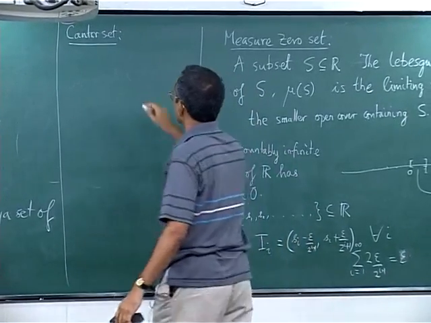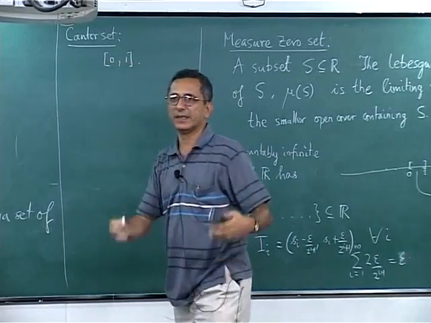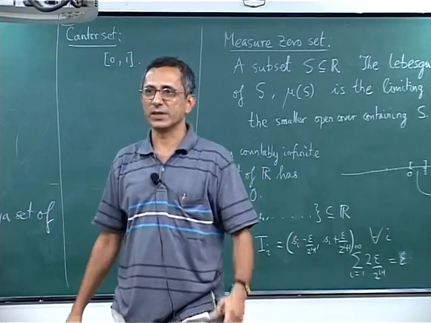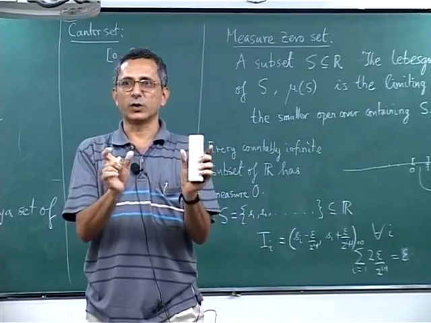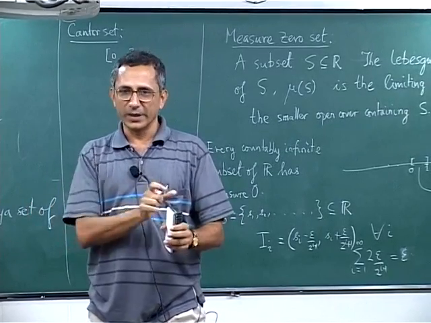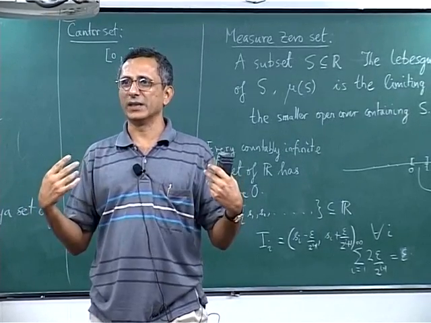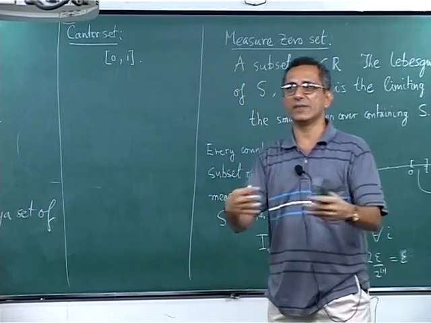What you do is you start with the interval, and it is defined by a kind of iterative process. You remove the middle 1/3 of this interval. So now you are left with two intervals, 0 to 1/3 and 2/3 to 1. For each of the two intervals, remove the middle 1/3 and repeat ad infinitum. What is left is the Cantor set.